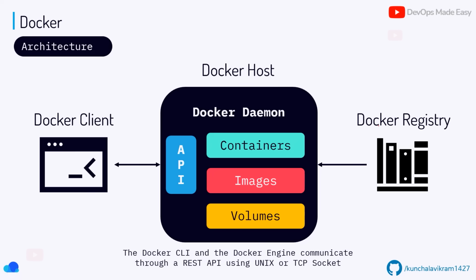The problem with Docker Hub is you can't store images privately. You have only one private repository. Sorry, you can store only one image in private mode. If you have to store a second image in private mode, you can't do it. You have to buy some subscription.